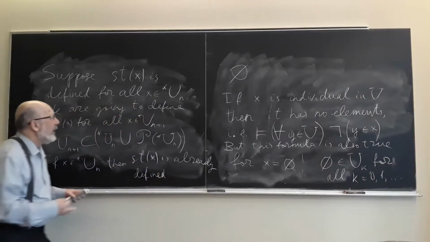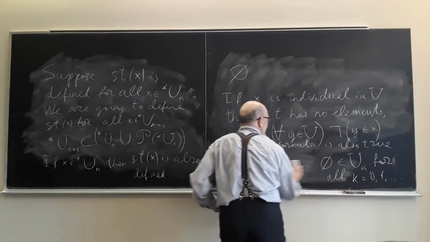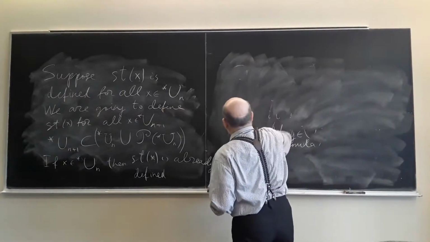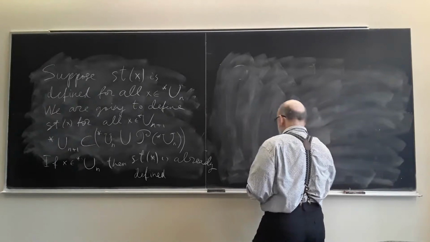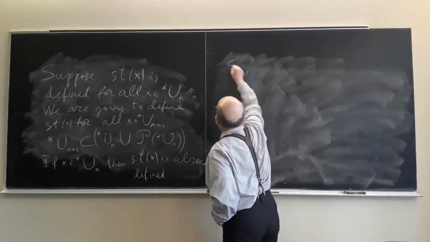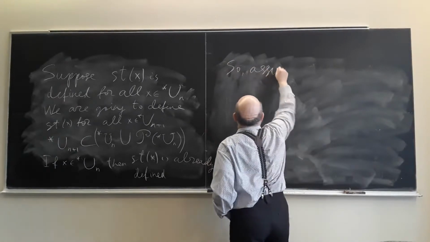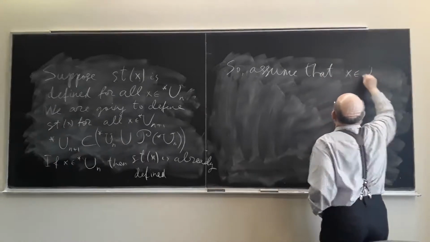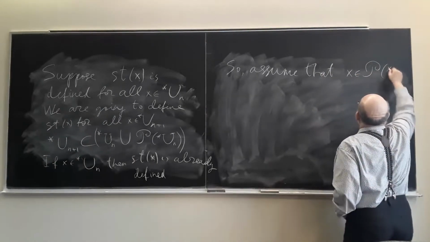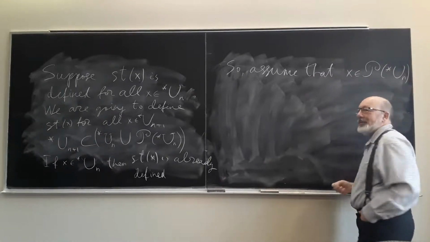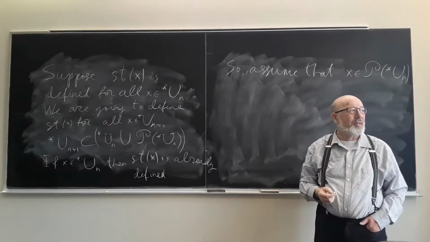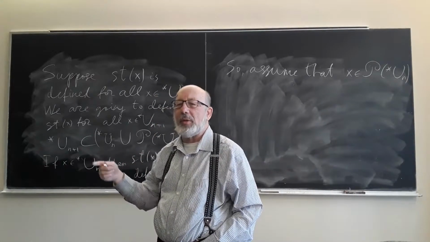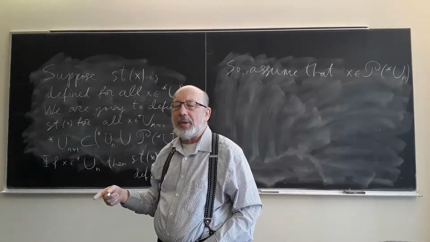Now assume that X is in P of star U n. So X is some set whose elements are elements or sets of star U n.